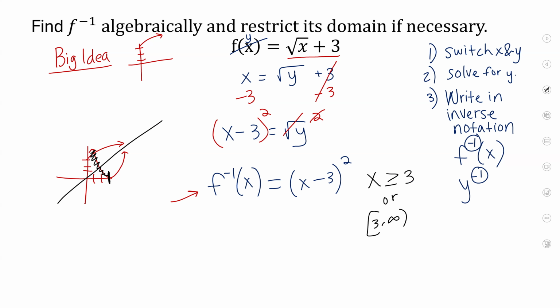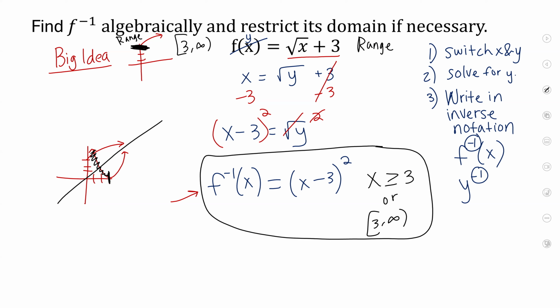Now, if that confuses you, here's another way to do it. What is the range right here? Look at the original graph. What's the range? The range is bottom to top. What's the range? 3 to infinity. That means that's the domain here, 3 to infinity. This is your whole answer.